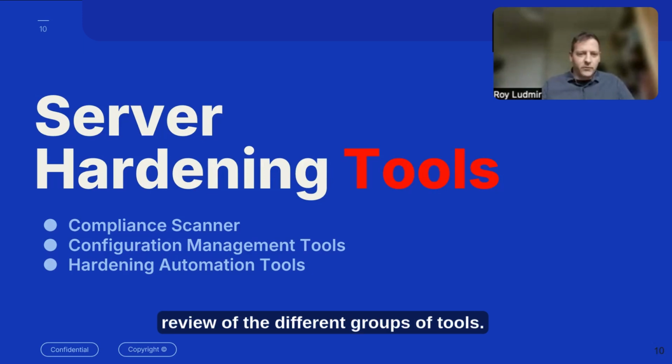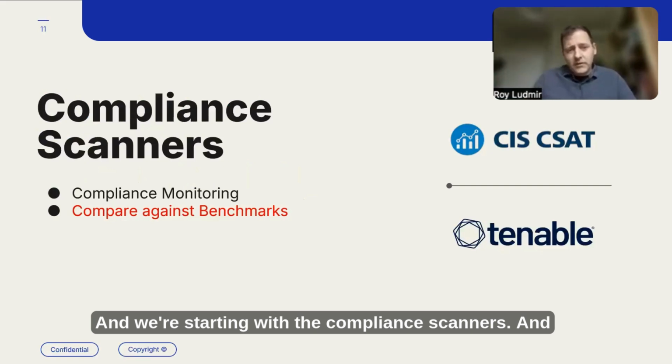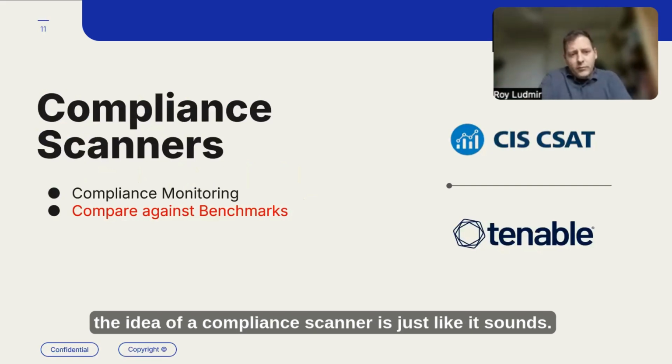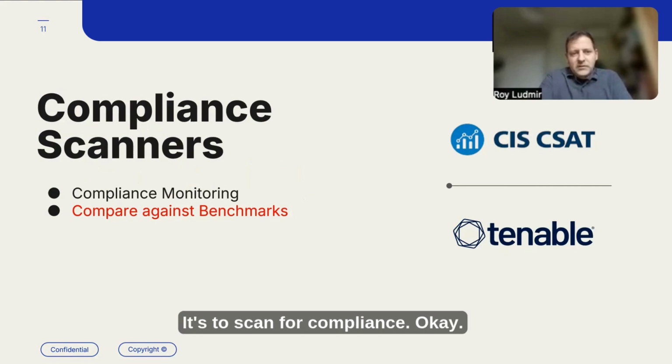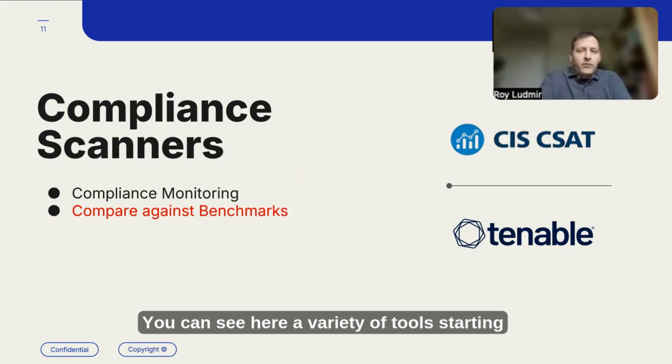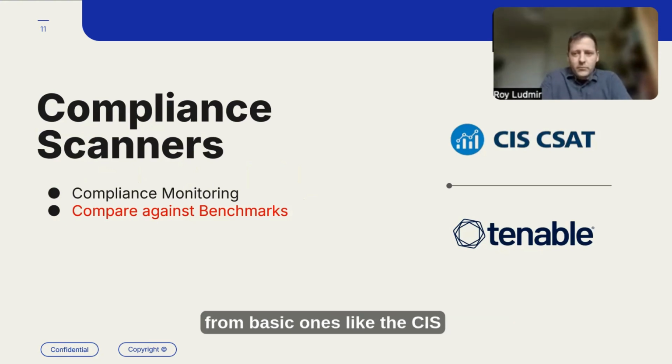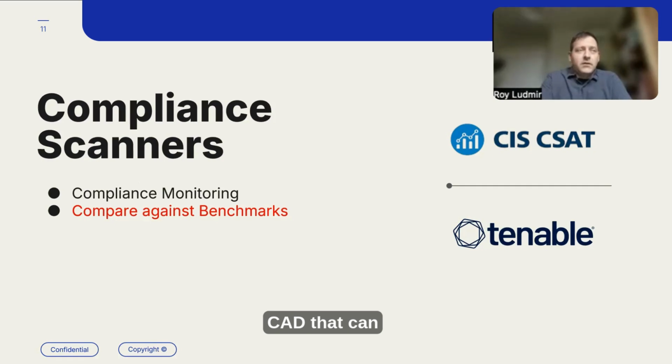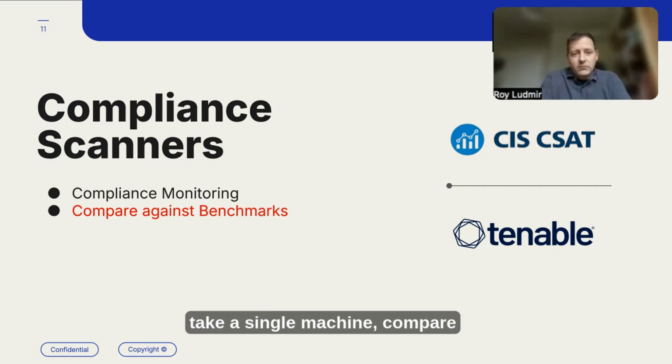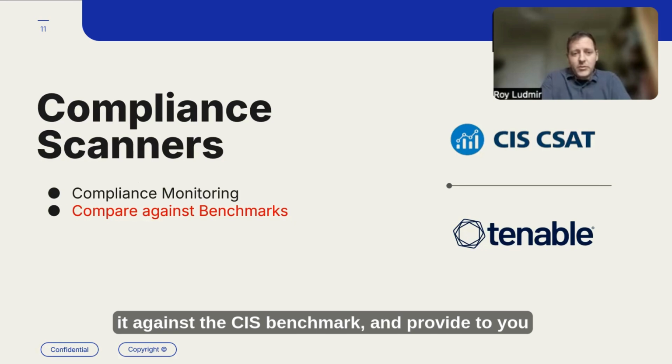So let's have a quick review of the different groups of tools. And we're starting with the compliance scanners. And the idea of a compliance scanner is just like it sounds. It's to scan for compliance. Okay, you can see here a variety of tools, starting from basic ones like the CIS CAT that can take a single machine, compare it against the CIS benchmark, and provide to you a compliance score.